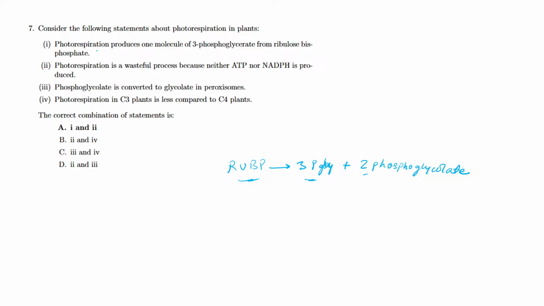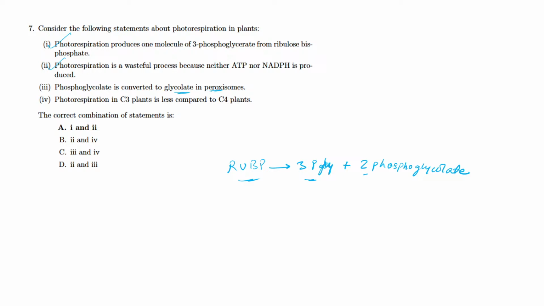If I come to the options, the first option says that photorespiration produces one molecule of 3-phosphoglycerate from ribulose bisphosphate. This option is correct. Then I have photorespiration is a wasteful process. Okay, this option is also correct. The third option says that phosphoglycolate is converted into glycolate in peroxisome. No, this is wrong.